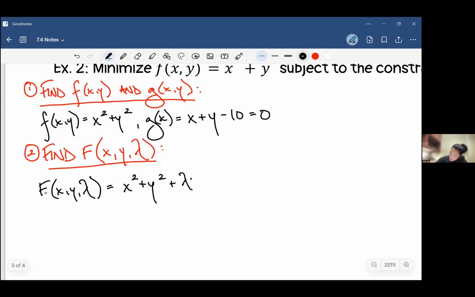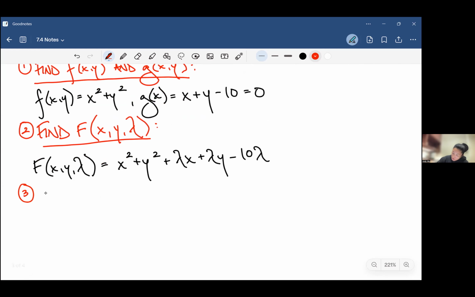So I'll get lambda x plus lambda y minus 10 lambda. So I've got this. And now I'm going to find my partials, Fx, Fy, F lambda.